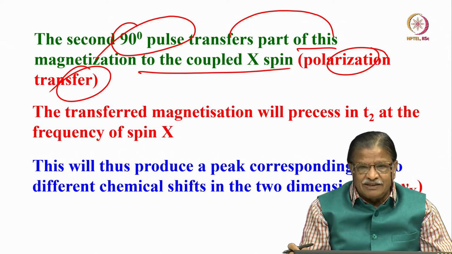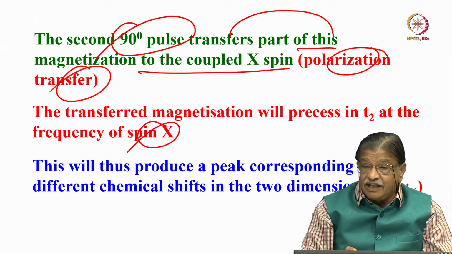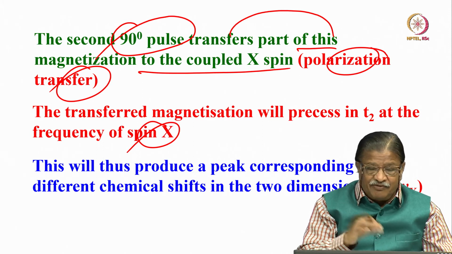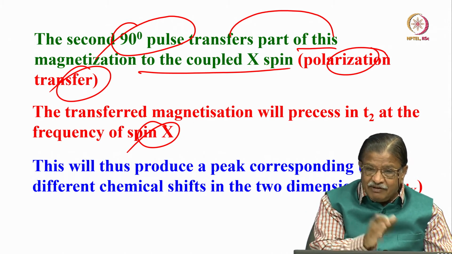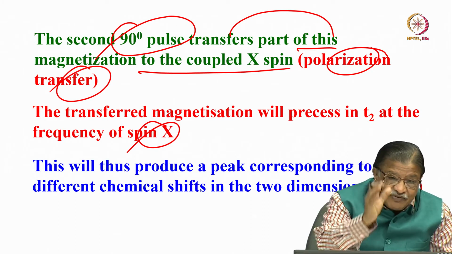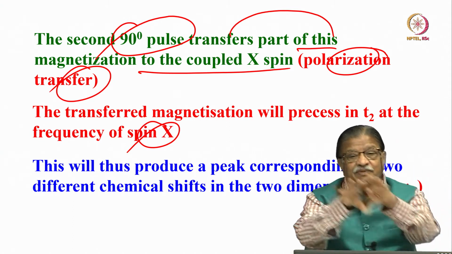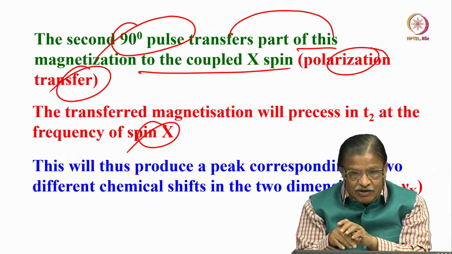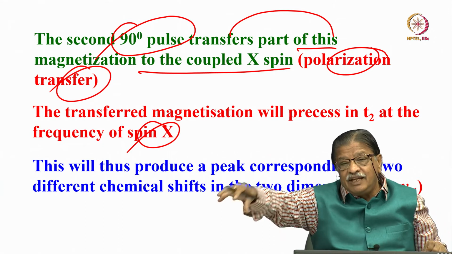The transferred magnetization will now persist in the T2 dimension at the frequency of spin X. That is an interesting thing happening. In the uncoupled case, where there is no transferred magnetization, in both T1 and T2 it was persisting at the same frequency. Now during coupling, it gives part of its magnetization to spin X. As a consequence, in the T2 dimension, this spin also persists at the frequency of spin X.